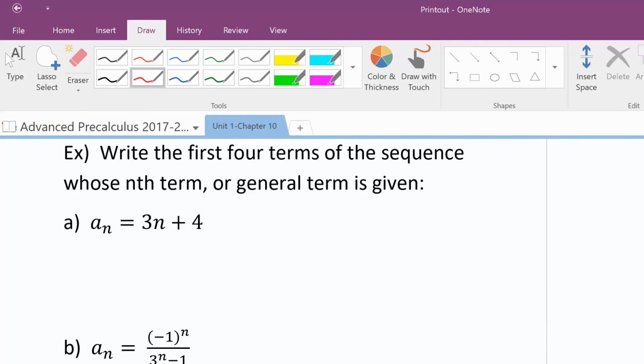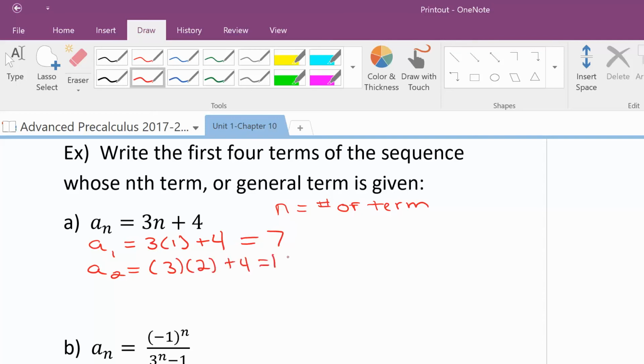Writing the first 4 terms of the sequence, so basically n is going to be the number of the term. So for example, if you're finding the first term, that means you put 1 in for n, and you get 3 times 1 is 3 plus 4 is 7. And so you do the same thing with 2.